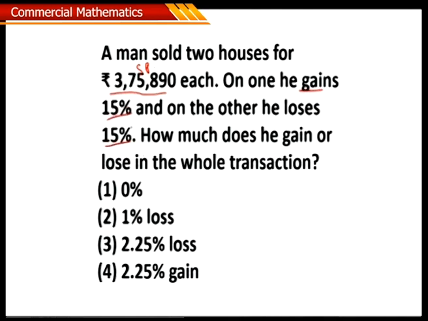Whenever two objects with the same price are sold, and on one he is getting some X% and losing X%, then whenever we are considering two articles sold for the same amounts, and on one he is getting X% profit and on the other he is getting X% loss, in such situation, simply always the resultant is a loss.